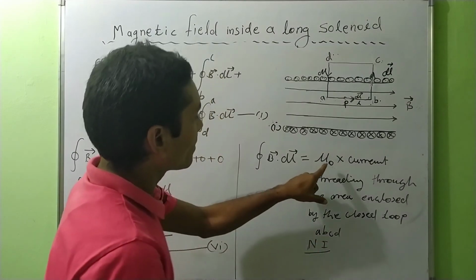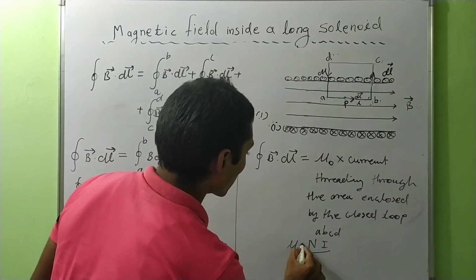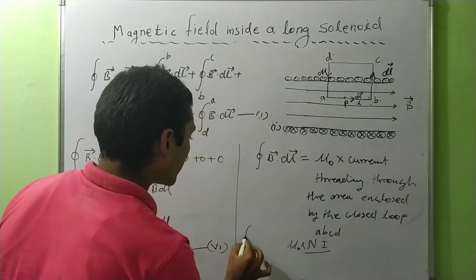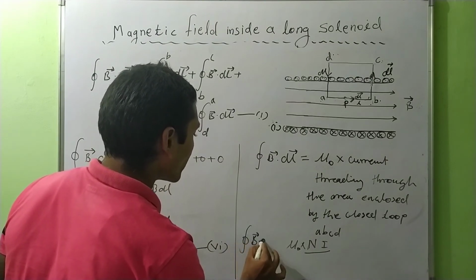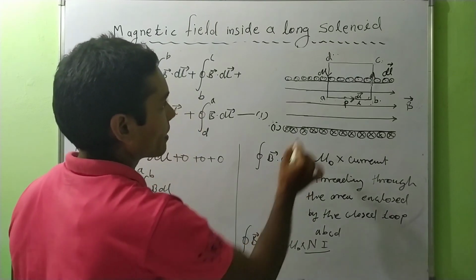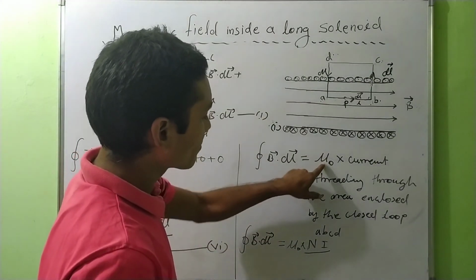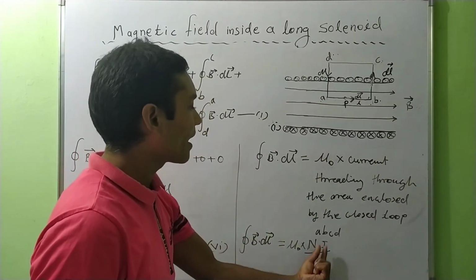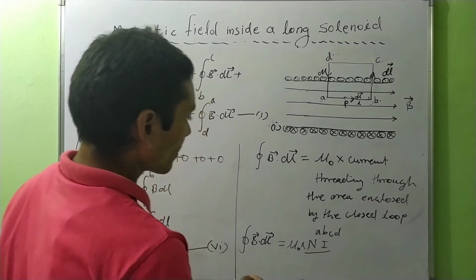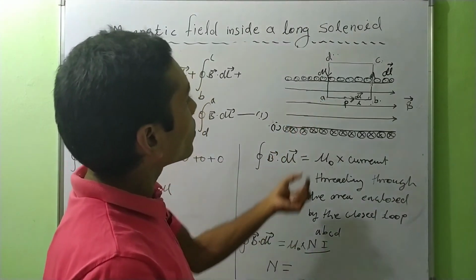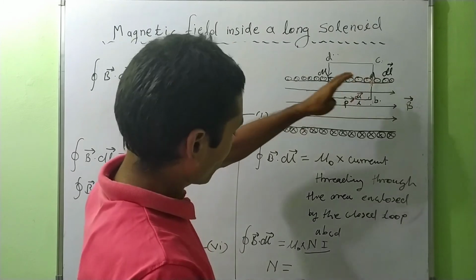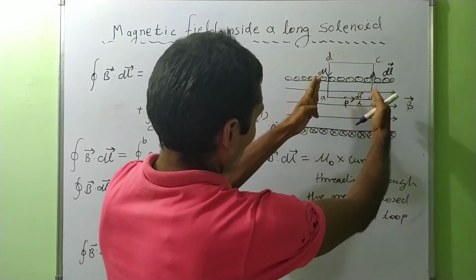So the line integral of magnetic field along closed path ABCD will be mu naught times the total current NI.